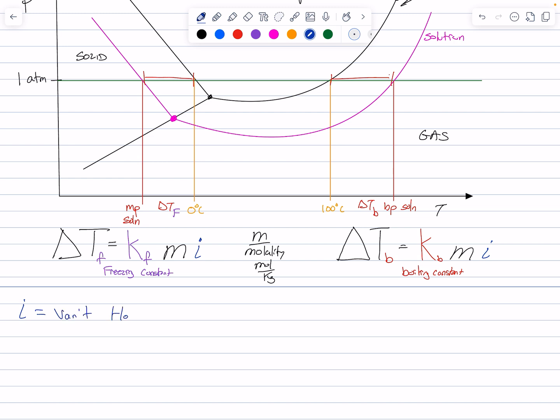The Van't Hoff factor. With the Van't Hoff factor, it depends on the particles, not compounds. All right. Think number of ions.